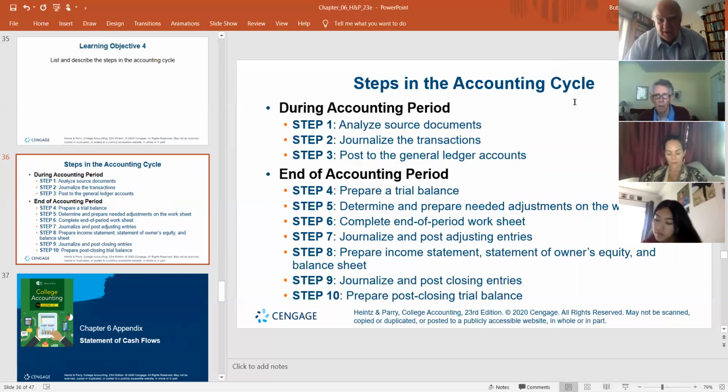The steps in the cycle. Well, during the month, you've gotten paperwork and emails and marching orders and texts, and you've used those to journalize, and now you prepared your general ledger account. You've posted everything. Here is what we're talking about in these last two chapters. You prepare a trial balance at the end of the month.